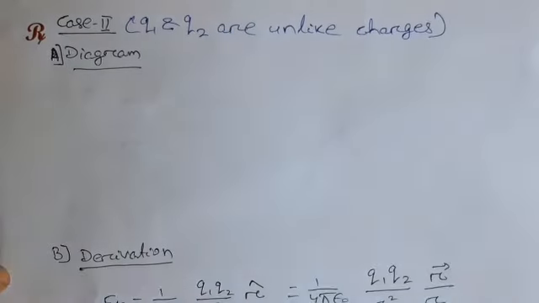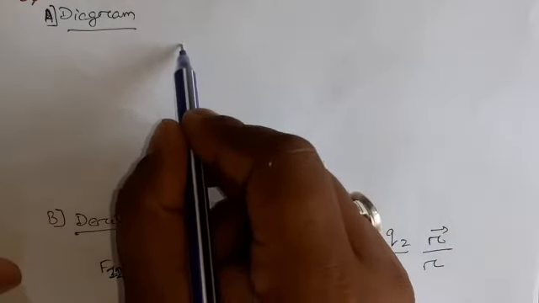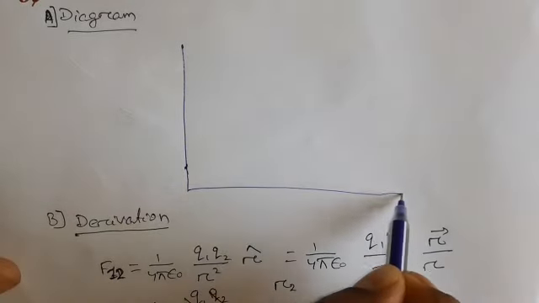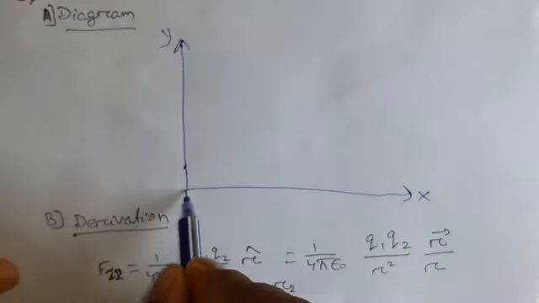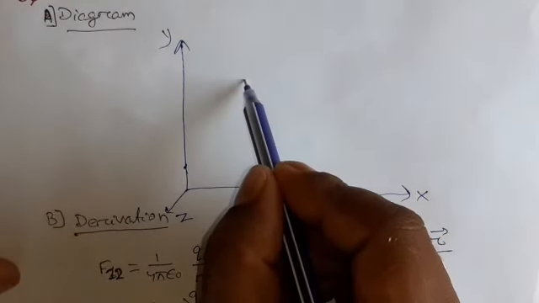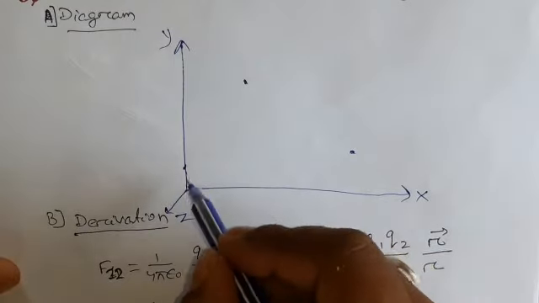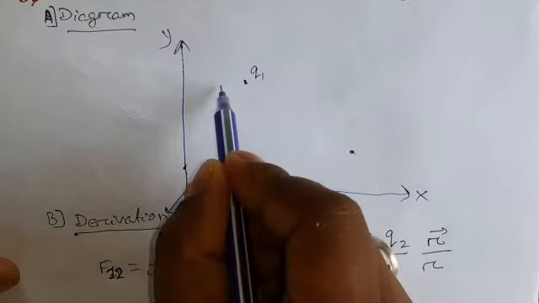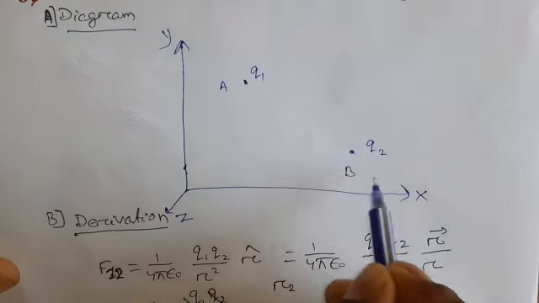Coming to the diagram, here I will take again axes, this is x, this is y, and this part I will write z. I will take two charges, okay, and this is charge Q1 at point A, this is charge Q2 at point B.